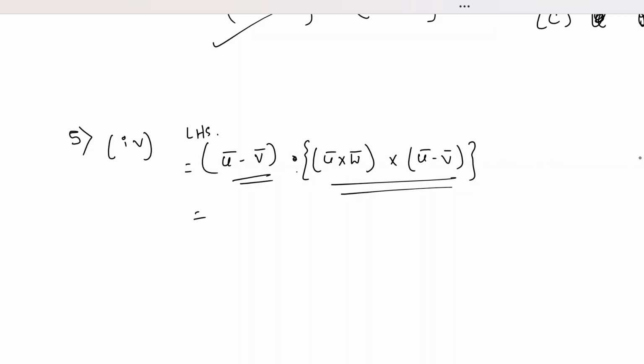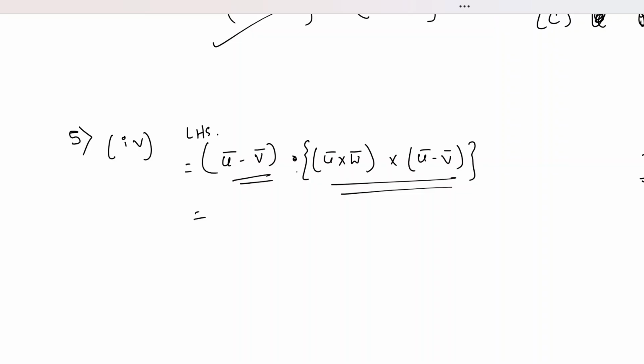Now you know that there is another vector identity that you have to remember: A dot B cross C. If there is ever such a form where two vectors are in a cross product and along with that you have a dot product with another vector, you can always write it as B dot C cross A, or you can also write it as C dot A cross B. Again, this has to follow a cyclic order, then only it will be true.